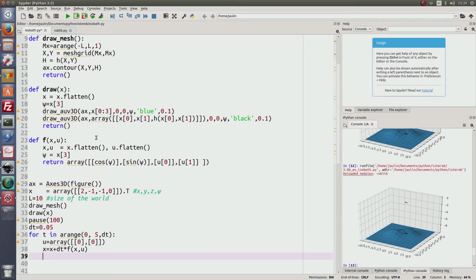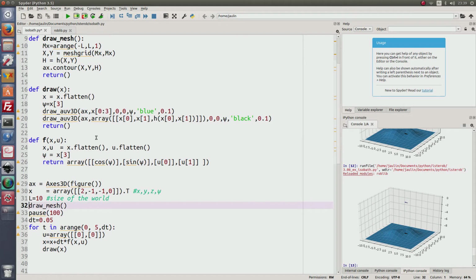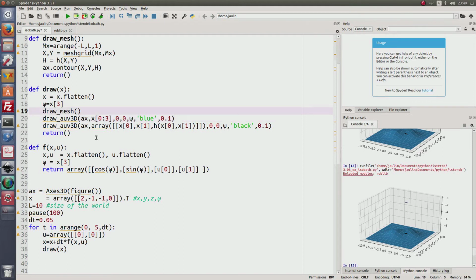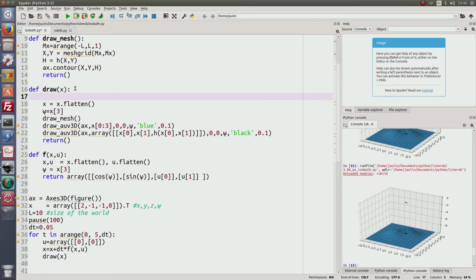Here I will draw the AUV, draw the AUV x, and of course I will have to remove this one to put the draw mesh, for instance, here. Also in the drawing I will have to erase the old one, so clear with CLA like this.